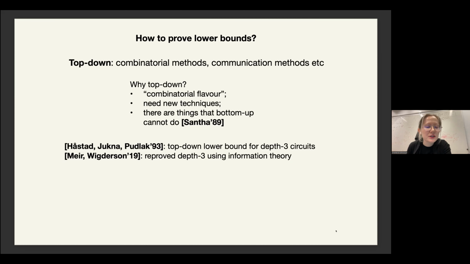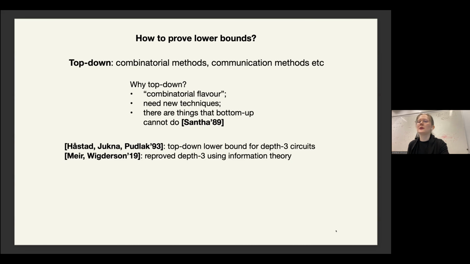What I want to mention here is this result by Håstad, Jukna, and Pudlák. It's a top-down lower bound for depth-3 circuits for parity and majority functions. Now, lower bounds for parity and majority were already known at this time by bottom-up techniques, but this top-down approach is quantitatively better. It gave a better constant in the exponent, I think.